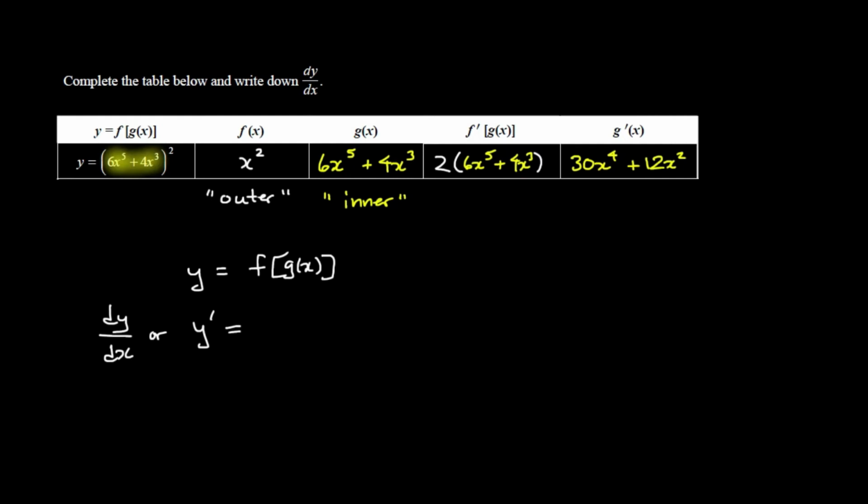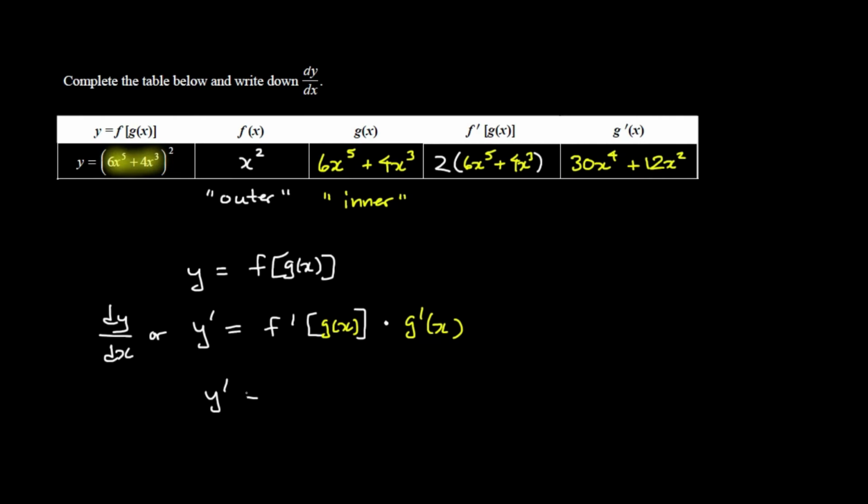So remember, our chain rule is saying derivative of the outside with the inside function still trapped, multiplied by the derivative of the inside, g prime of x. And of course, this is g of x trapped inside. So we have those two pieces. Of course, these two things multiplied are the last two columns in our table, which gives us our derivative now.